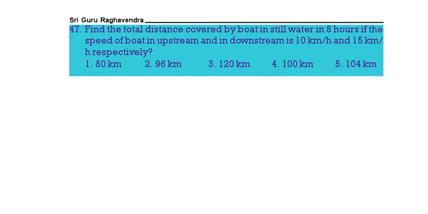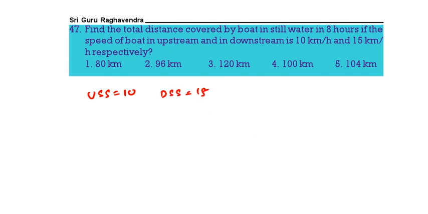Next, find the total distance covered by the boat in still water in 8 hours, if the speed of the boat in upstream and downstream is 10 and 15 respectively. Here upstream speed is 10, downstream speed is 15.